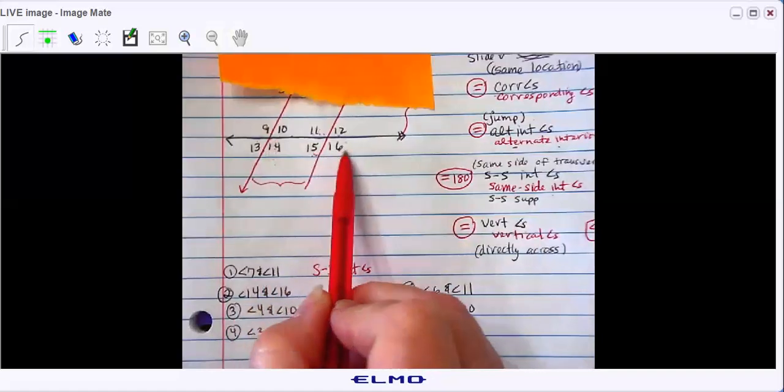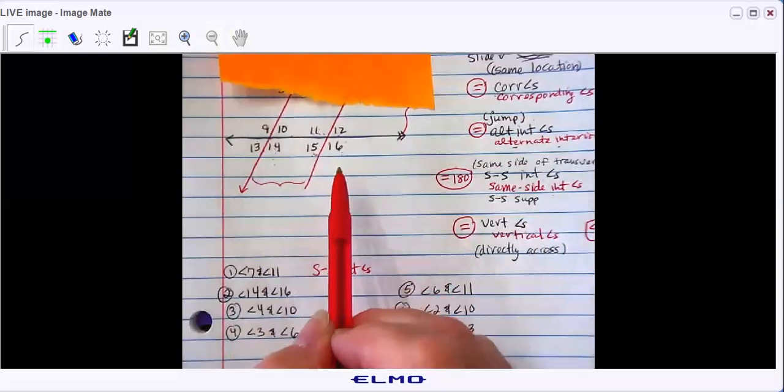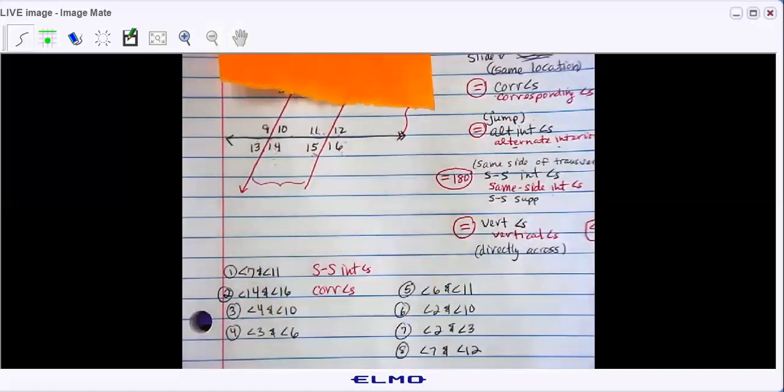But if I look at 14 and I think about sliding it to the right, these are both in the bottom right-hand corner of my transversal and parallel line. Okay, does that make sense? Yeah. Okay, so these would be corresponding angles. Sometimes you have to do a process of elimination when you're first starting so you can learn how to visualize these.